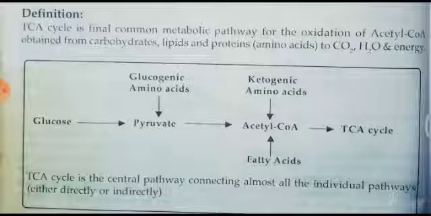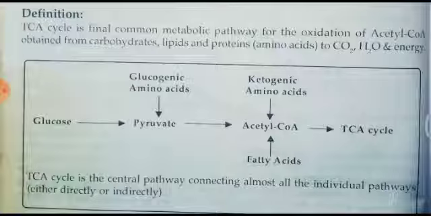This pyruvate from carbohydrate or from amino acids is converted to acetyl CoA during oxidation, in the presence of oxygen, and the ketogenic amino acids and fatty acids are also converted to acetyl CoA.